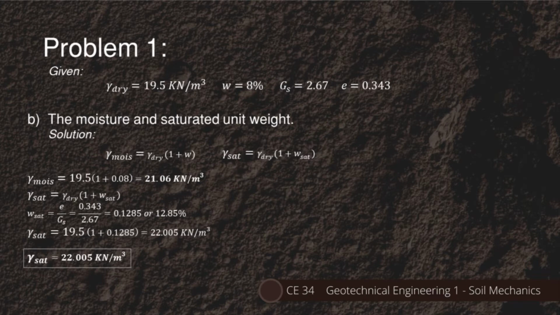So we have a formula of the unit weight of moisture. This is equal to the unit weight of the dry sample times 1 plus the water content.